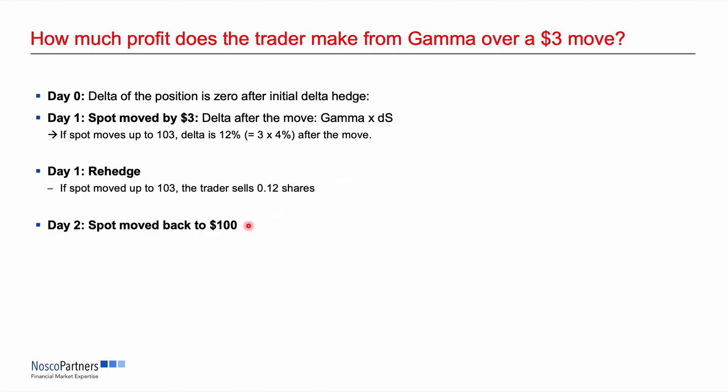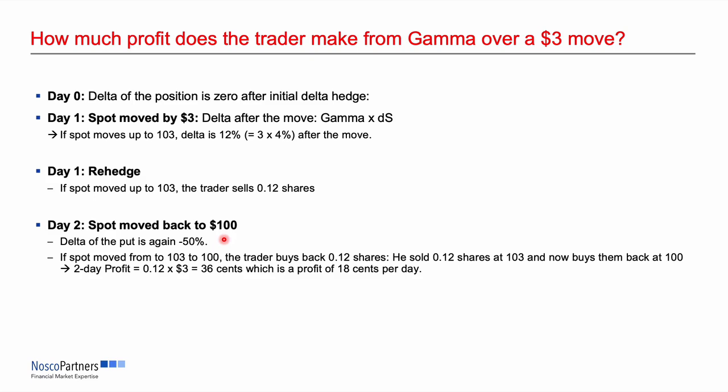Then the next day, spot moves back to 100. And with that, the delta of the put is again minus 50%. Now the trader is underhedged. The delta of his put is minus 50%, but net he had only bought 38% of the underlying.